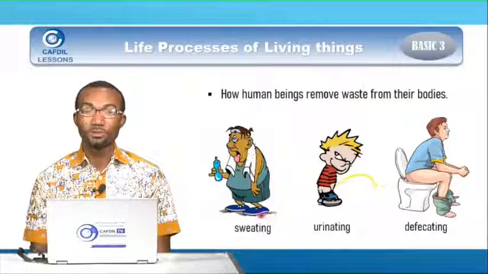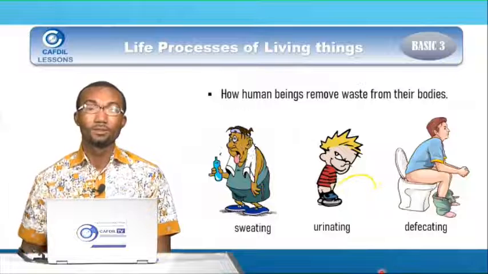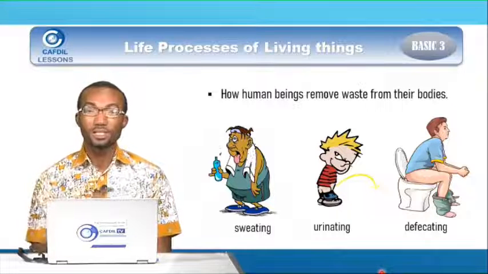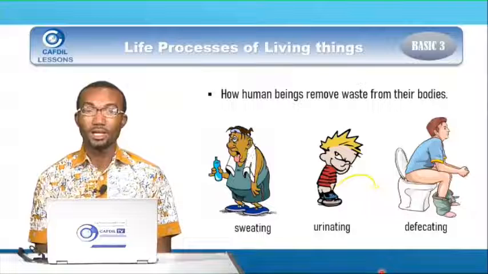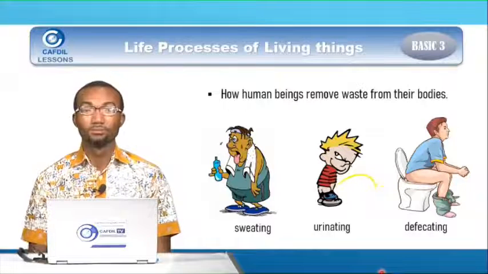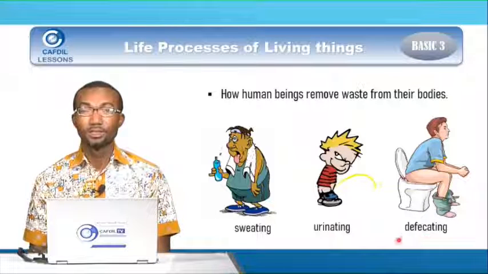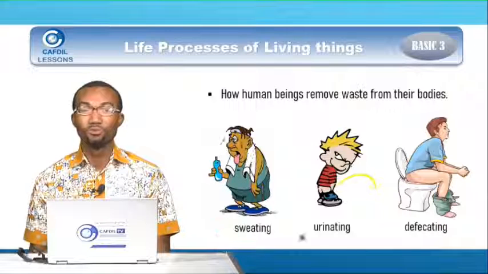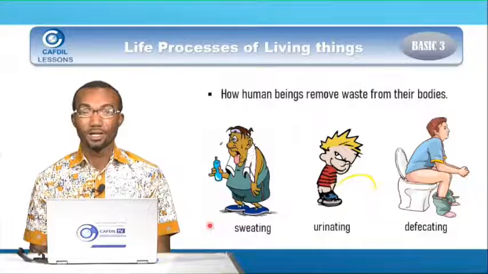If you are a human being and you do not sweat, you cannot urinate, you cannot defecate, you will die. Because if those wastes stay inside your body for a long time, they will harm your body and you will die. So sweating, urinating, and defecating are ways human beings remove waste from their bodies.